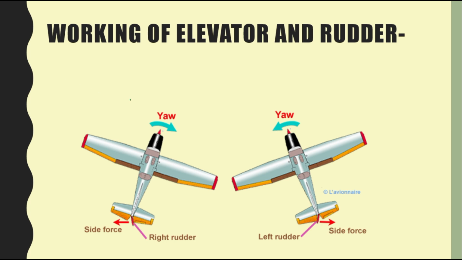Now I have with me a top view of the aircraft. This is a top view. Now again, when the airflow is in this direction, the air will come and hit the rudder over here. This is the rudder. Now when it hits the rudder, it will produce a force in this direction.